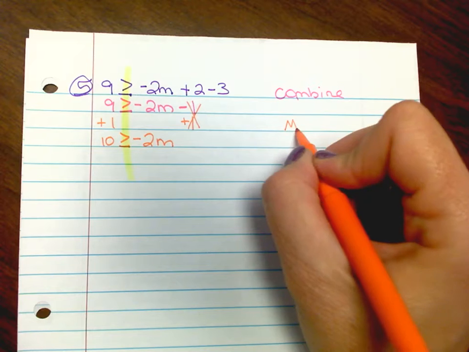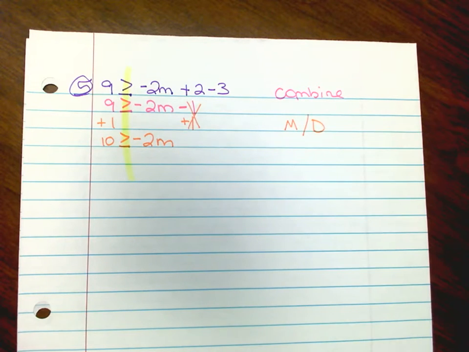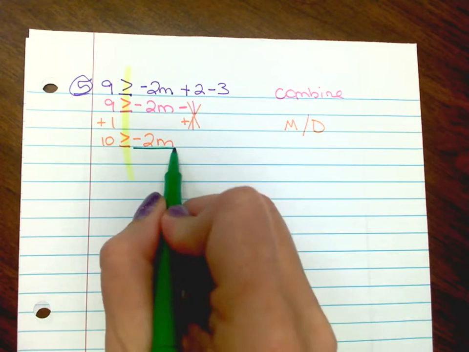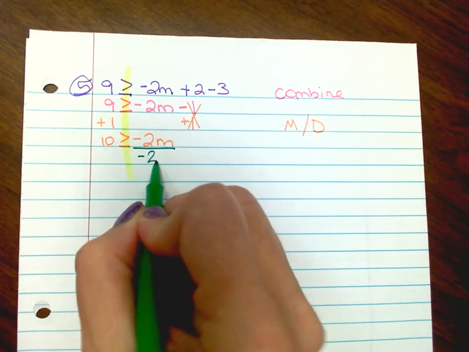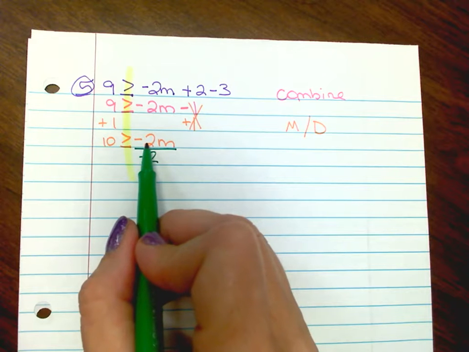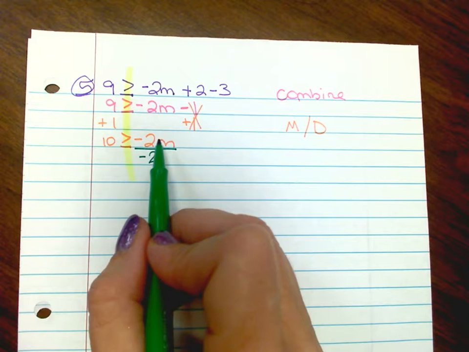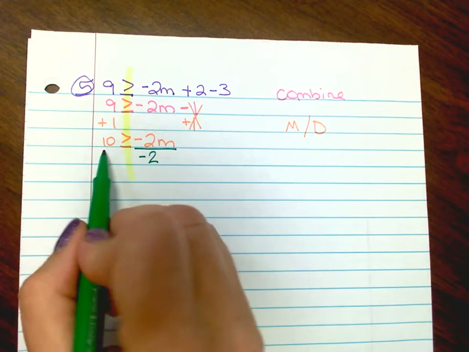Remember, the next step would be to multiply or divide because I want to get m by itself. And to get m by itself, I have to divide by negative 2 because m is multiplying a negative 2. To cancel it out, you have to do the opposite. So the opposite of multiplication is division.